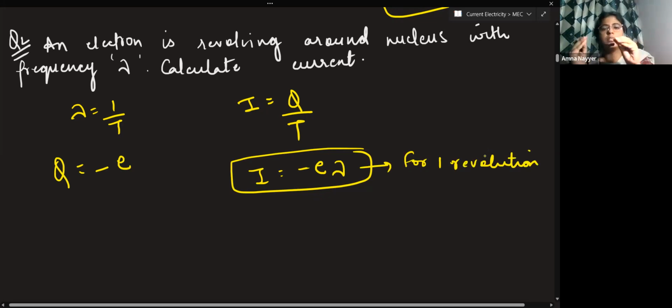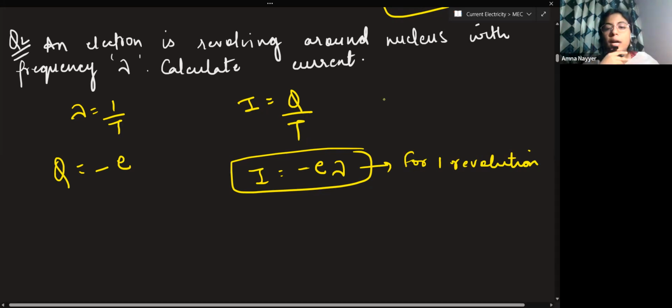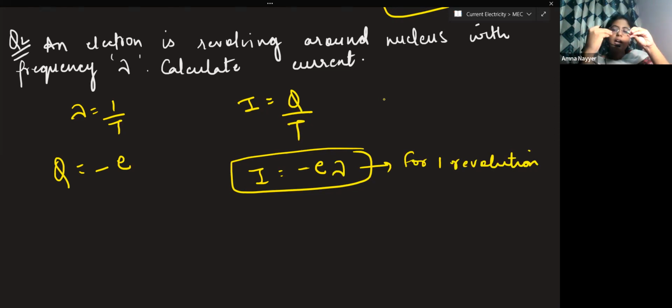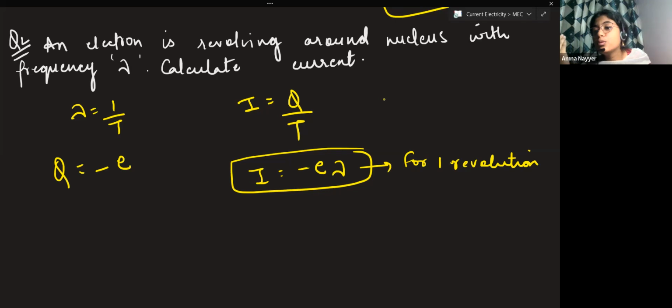Electron is there, nucleus is there, electron is revolving around this nucleus. Fine. Now the electron completes 1 revolution if it starts from this point, moves around, and then comes back to this point. That means it has completed 1 revolution. We don't know how many revolutions there are. For example, if it makes 2 revolutions, then it will be 2 times minus E nu.